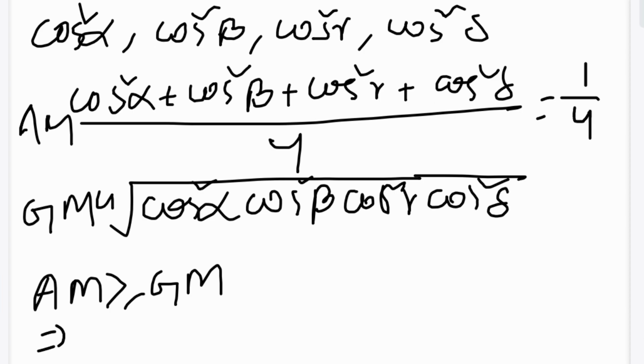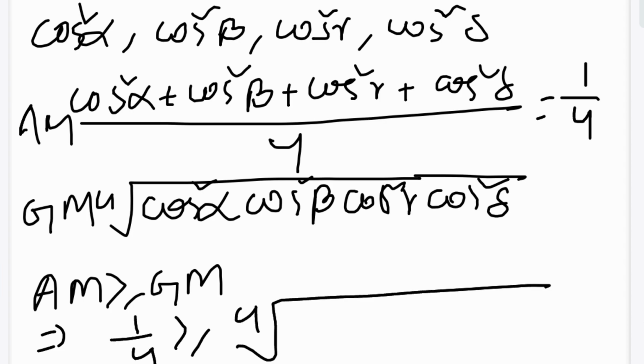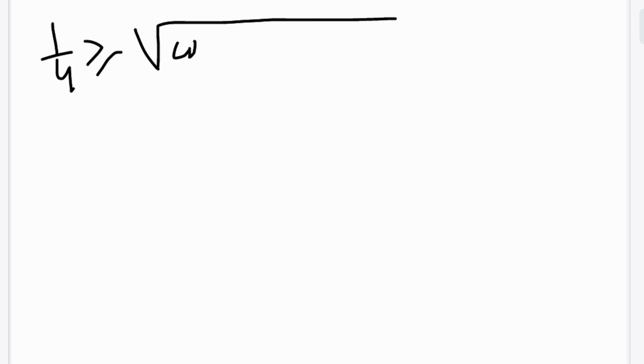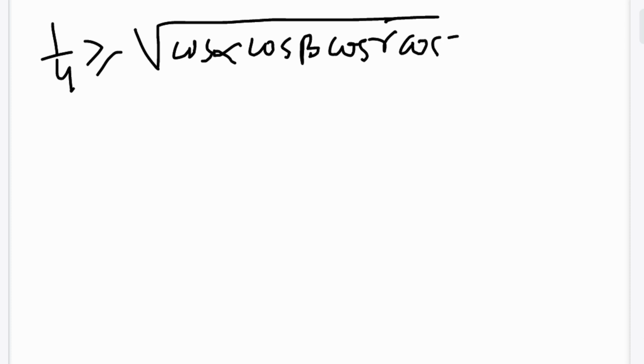So this inequality gives us 1 over 4 equal or greater than GM, that is the fourth root of cos square alpha into cos square beta into cos square gamma into cos square delta. So that is 1 over 4 equal or greater than, this will be only the square root of cos alpha, cos beta, cos gamma into cos delta, right?